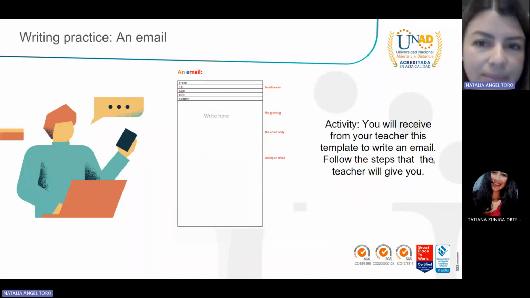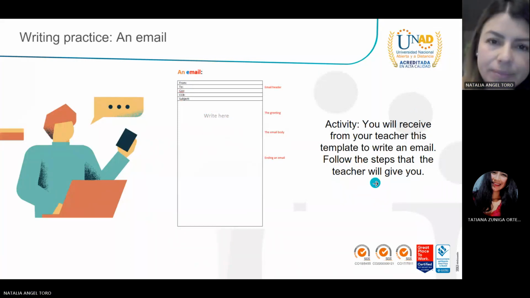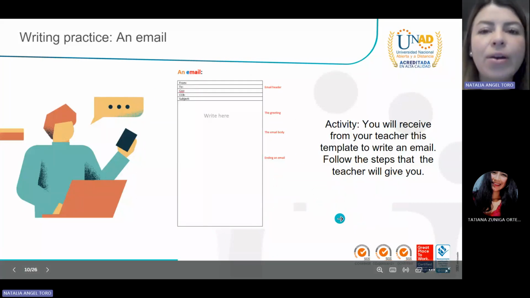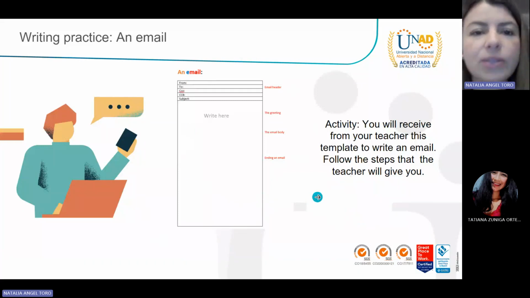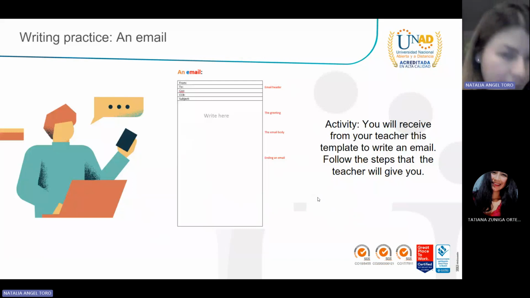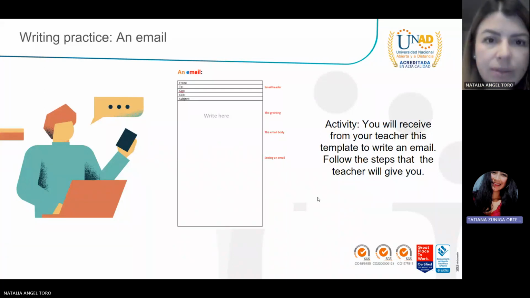Como te quede más fácil. Vamos a enviar un correo, pero vamos a hacerlo por partes. Entonces, la propuesta es que abras el correo o una hoja de Word o donde puedas escribir, donde te quede fácil. Ok.